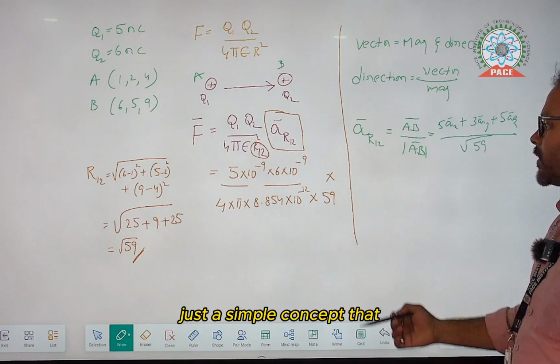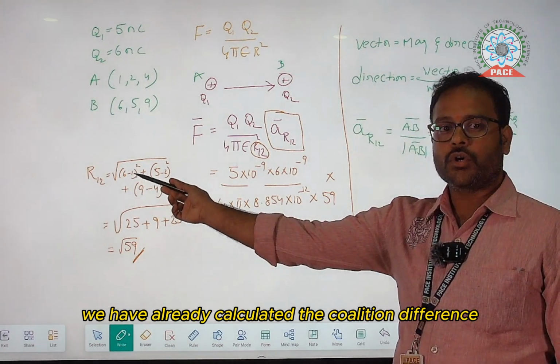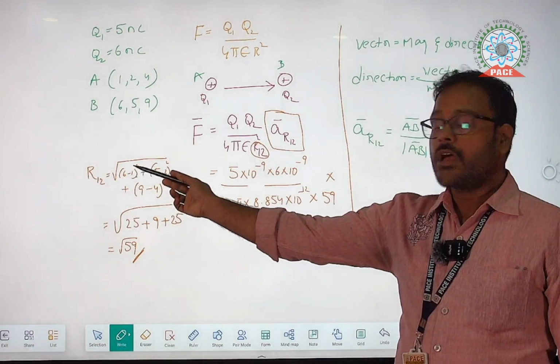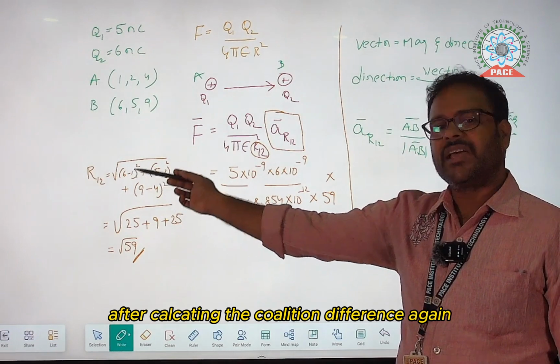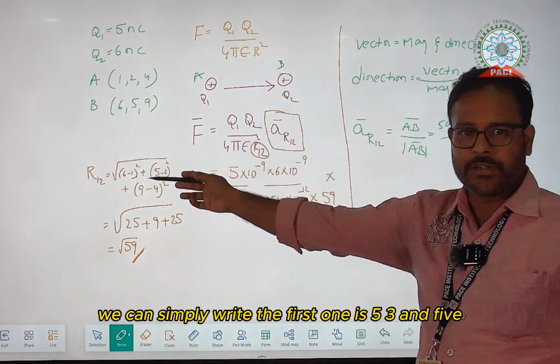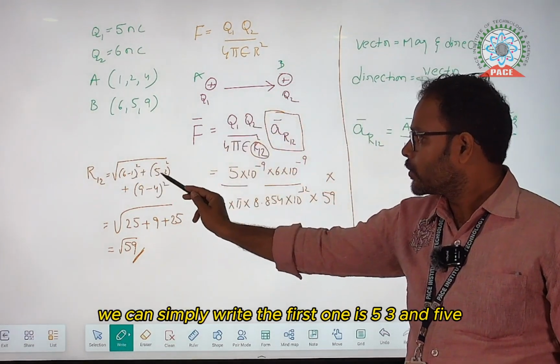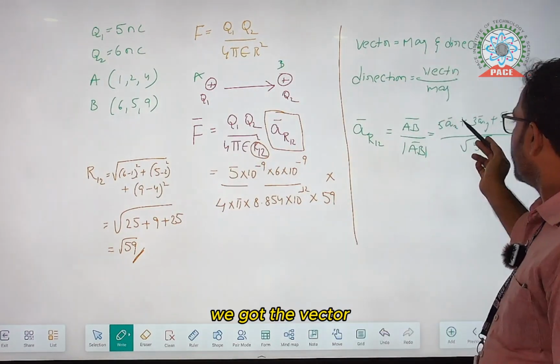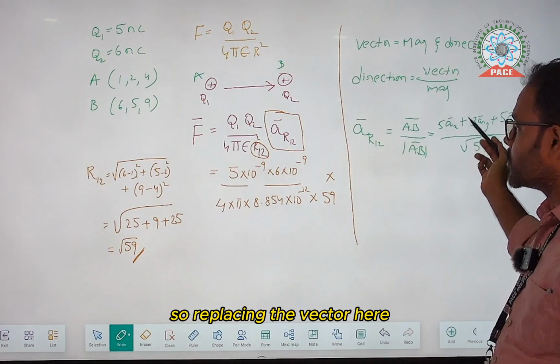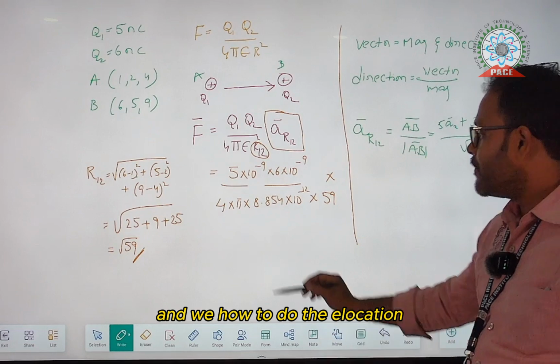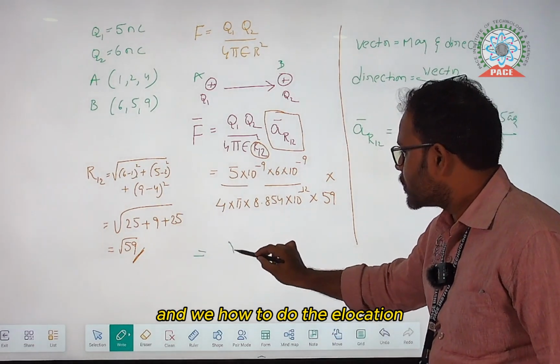We have already calculated the coefficient differences, so there is no need to calculate again. We can simply write 5, 3 and 5. We got the vector, so replacing the vector here, we do the calculation.